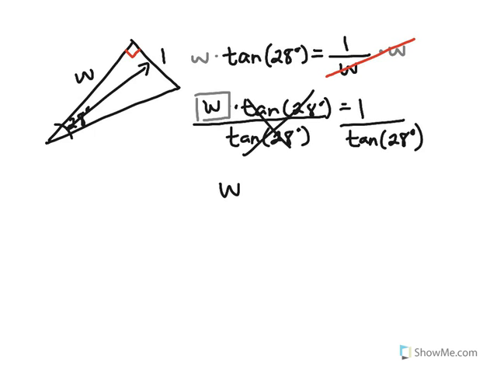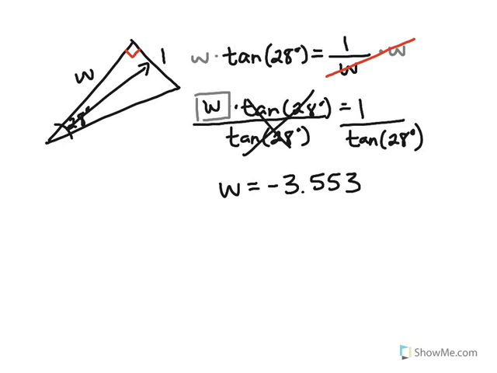All I'm left with is W equals whatever that fraction is. So I'm going to type in my calculator 1 divided by the tangent of 28 degrees, and it pops out a negative answer, which I was not expecting, but it's negative 3.553. And so that's how you do those kinds of problems.